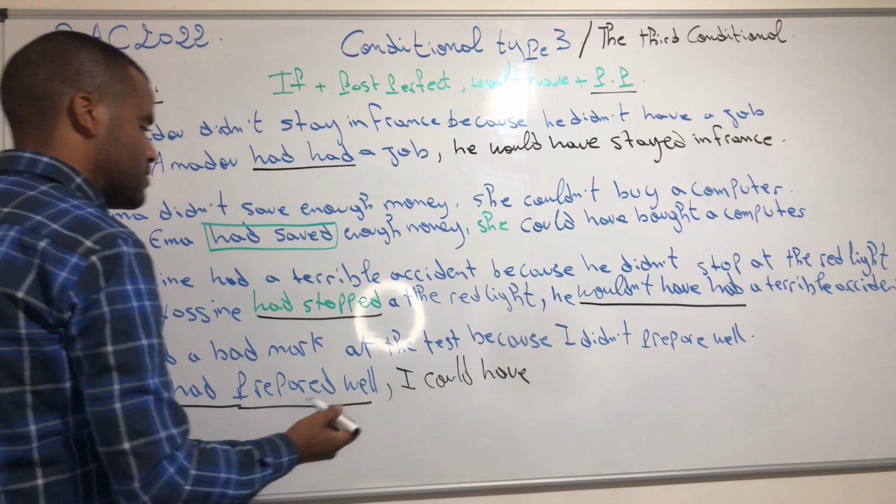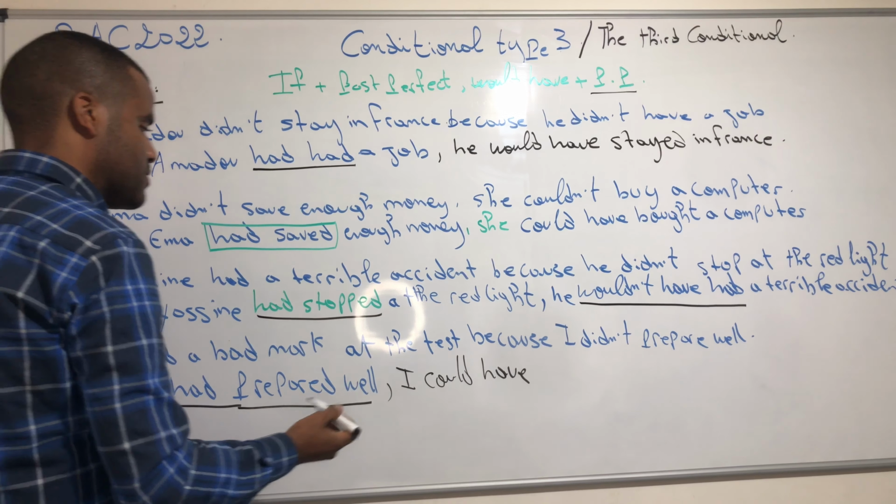Good mark means the opposite. So we are just imagining the result of that situation. The reality is that I didn't prepare well for the exam or the test, therefore I had a bad mark. Something normal: you didn't prepare, you are not going to have a good mark.